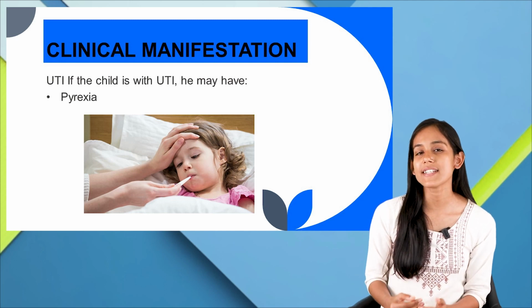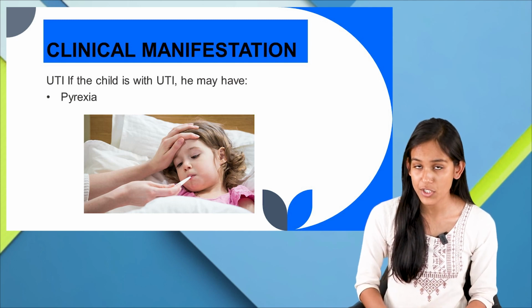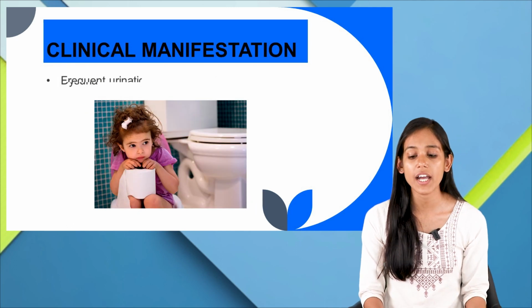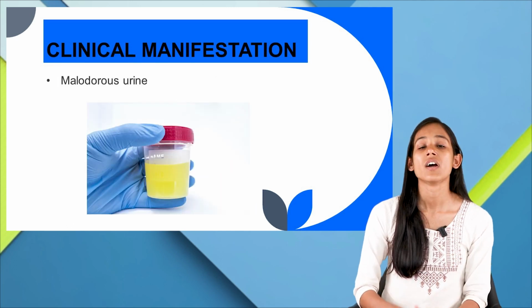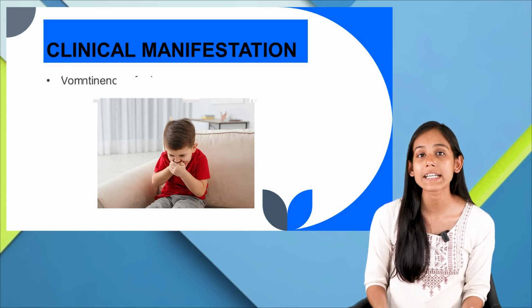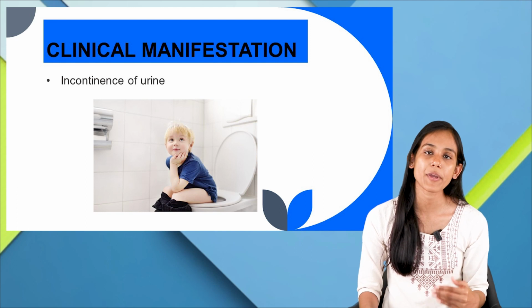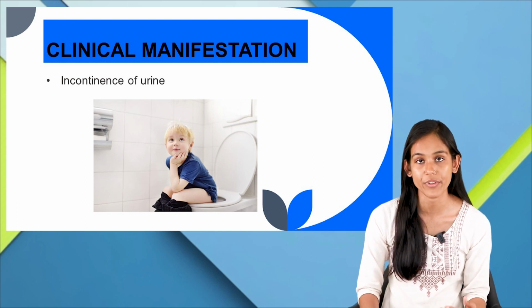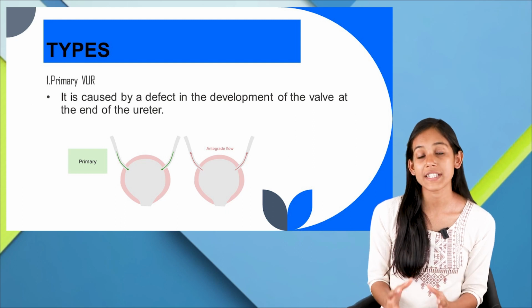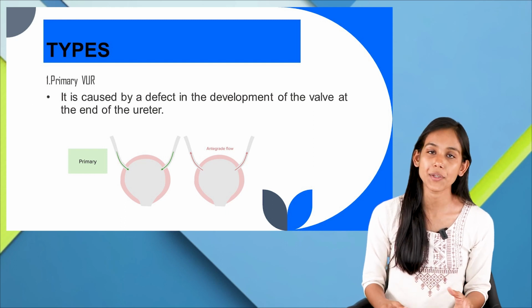So if the child is having urinary tract infection, he may have pyrexia, or he may have dysuria or frequent urination. Also, there might be malodorous urine, chills, vomiting, and apart from these things, the child may also have incontinence of urine.